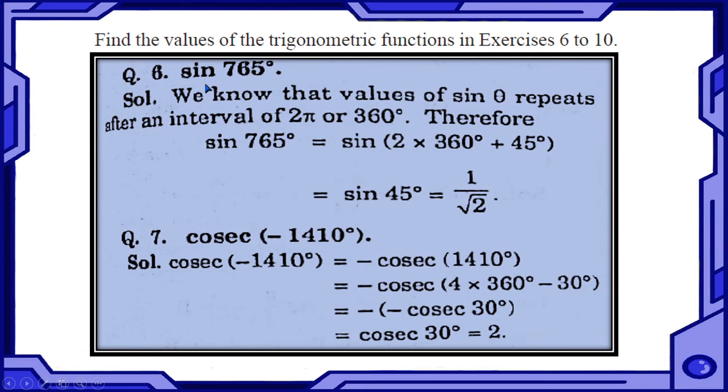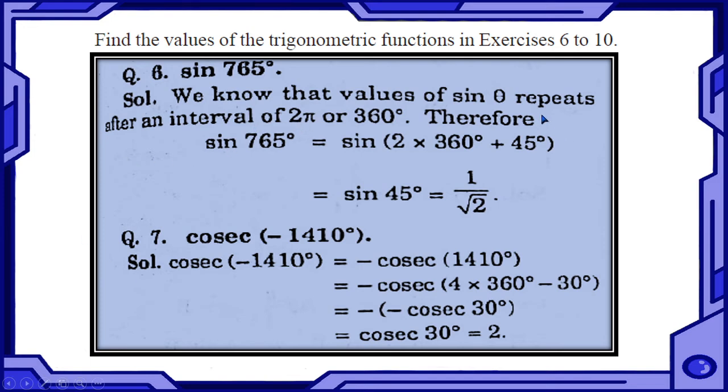Question number 6. Sine 765 degrees is given. We have to find the values of these trigonometric functions. Students, definitely we don't know the value of 765, but we know a few values which fall in the first quadrant. So let's try to convert these angles into angles which lie in the first quadrant.